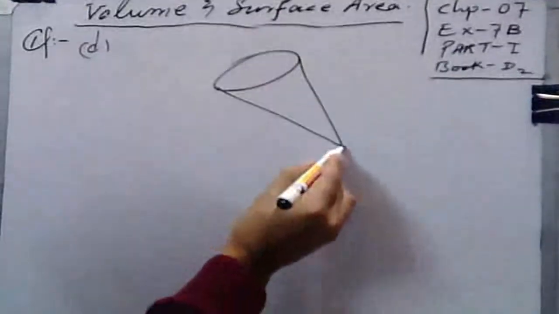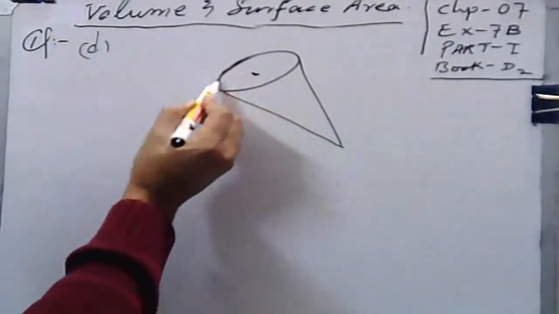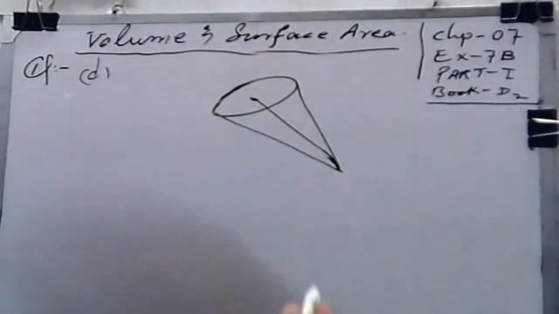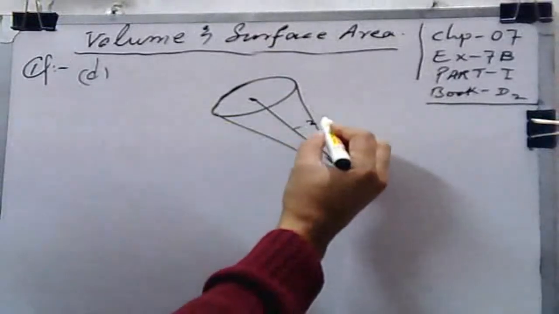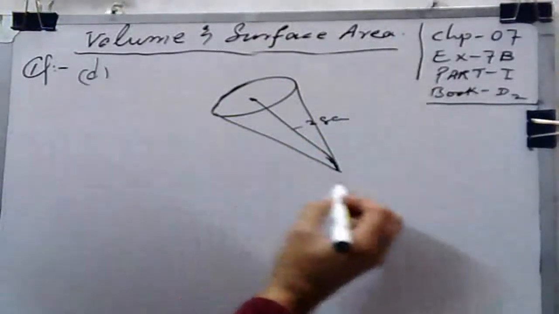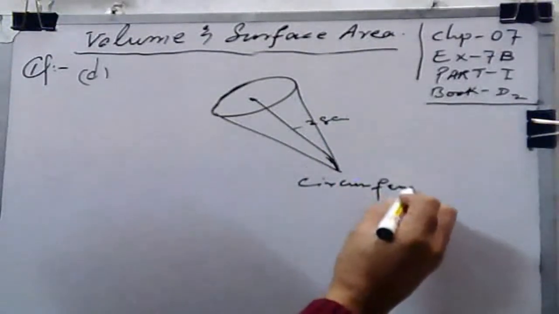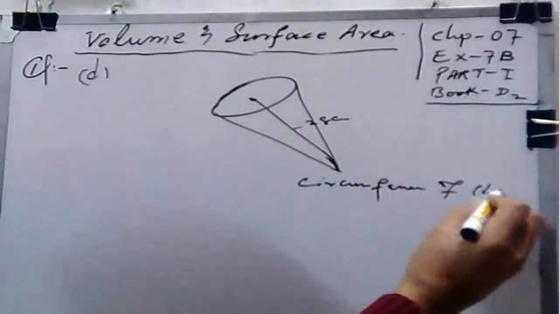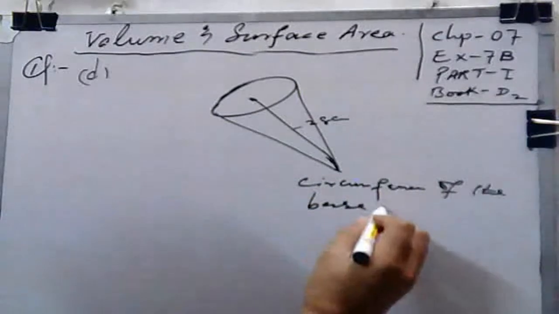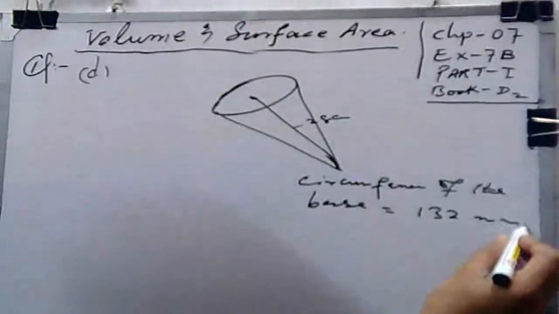You can see if you have a cone like this, and this cone is 28 centimeter, and circumference of the base is equal to 132 millimeter.